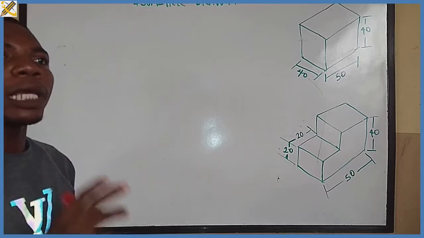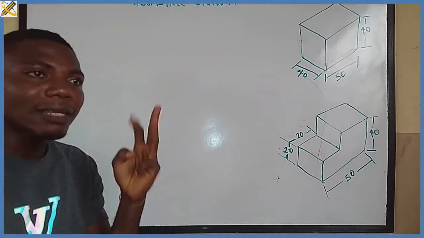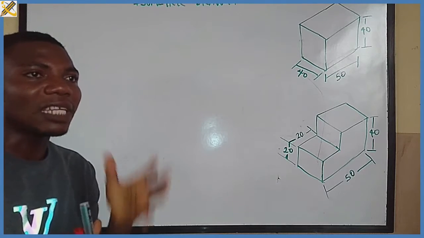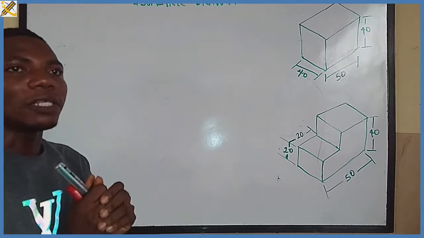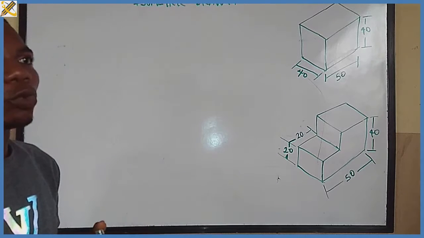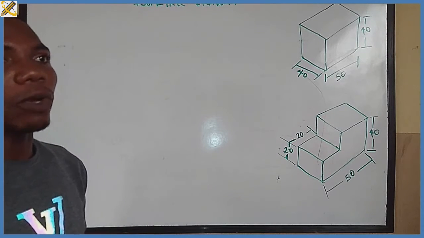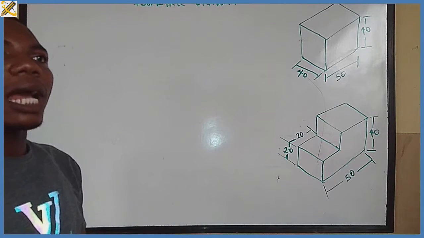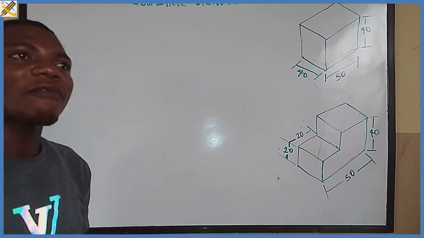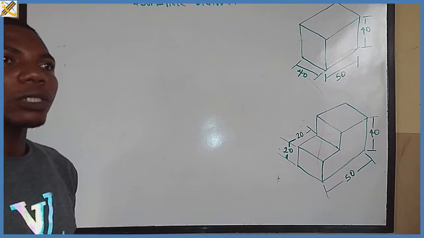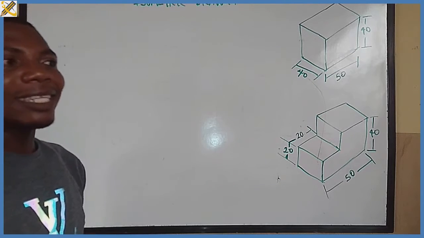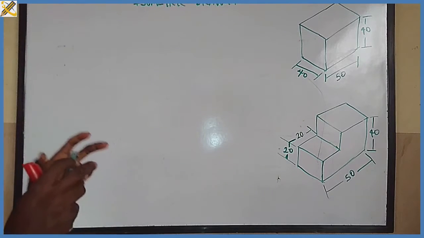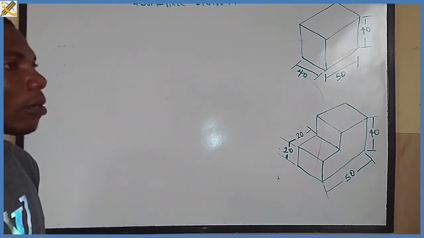In pictorial drawing, we have three major families: the isometric drawing, the oblique drawing, and the perspective drawing. If I say pictorial drawing, what does this imply? This implies that you've seen an object in a pictorial form.